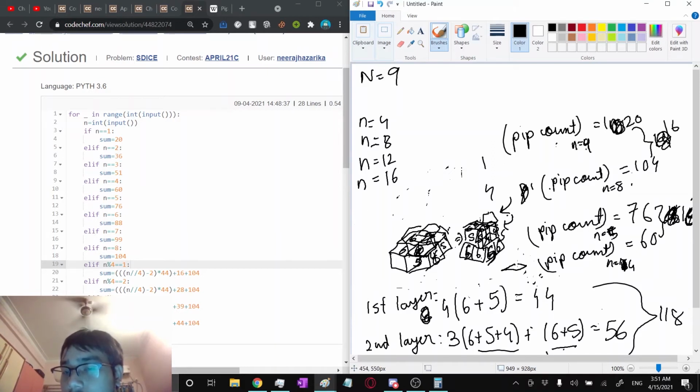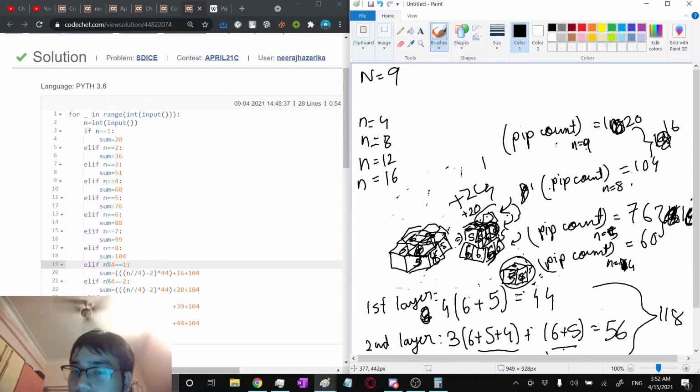But all these cases aren't the same as the first layer, because when we add the first layer here, 6 5 4 3 2 was there. The difference was the same as here, plus 20 would be added. How much will it be? Plus 20. But as you can see here in the block below it, the pip count decreases.